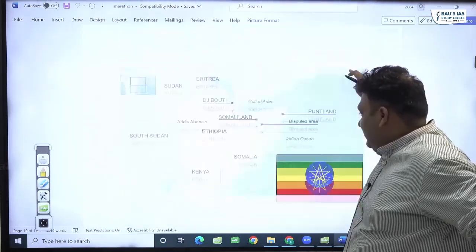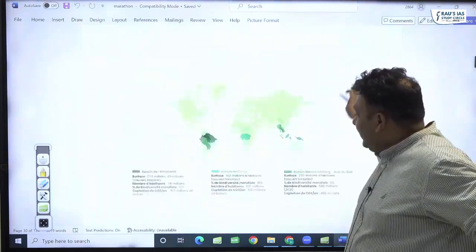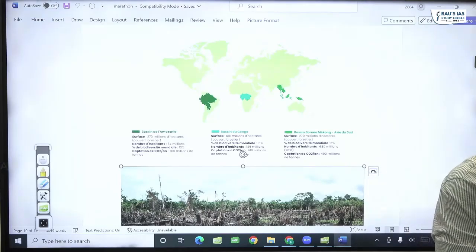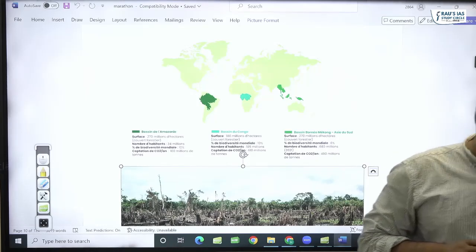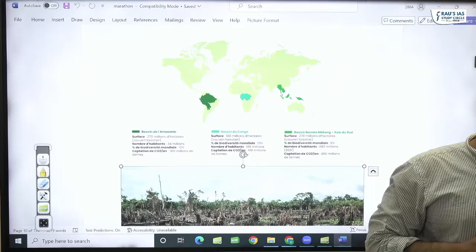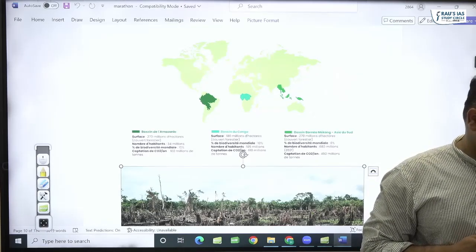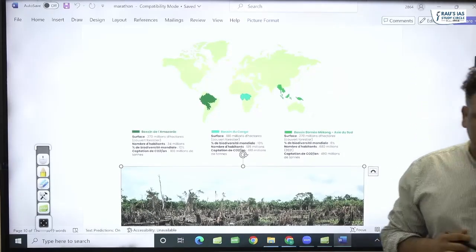The name of the declaration is the Brazzaville Declaration. Write down. To protect this peatland, the Brazzaville Declaration has been signed.